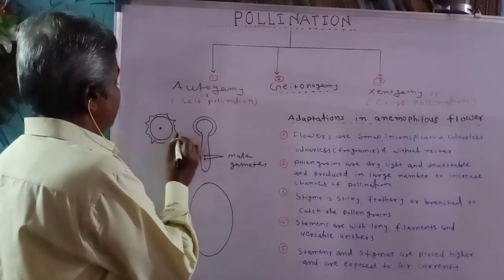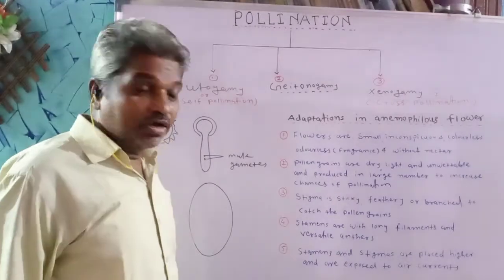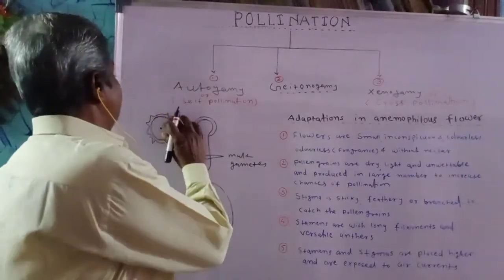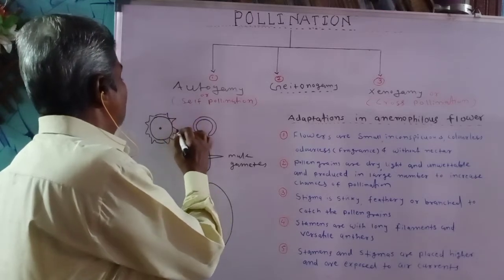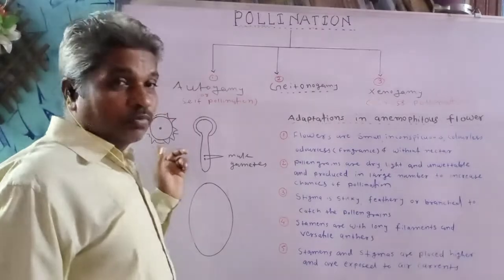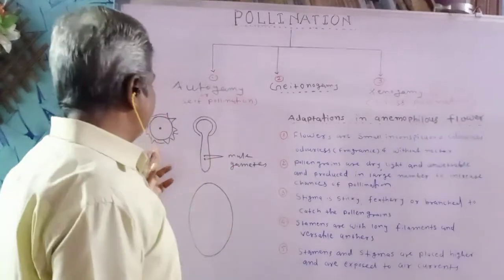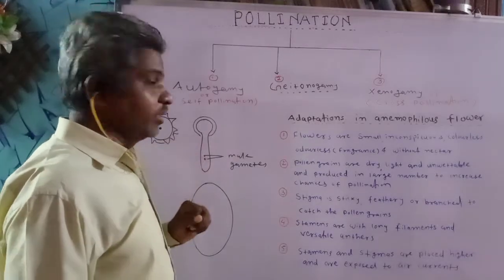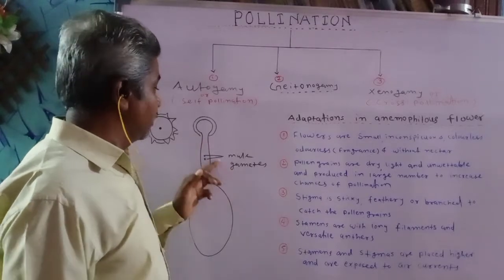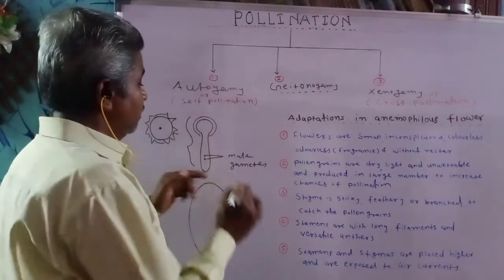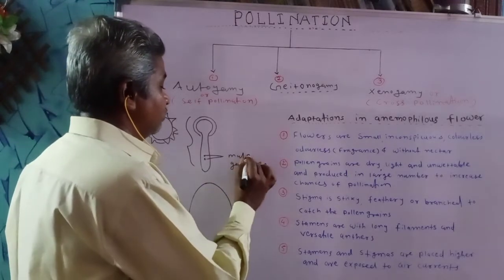Now, this male gametophyte lies in the anther. This pollen grain is carried by different agencies up to the stigma. When these dry, yellowish, powdery pollen grains fall on the stigmatic surface, they germinate and produce a male gametophyte. So this male gametophyte later on produces male gametes, and these male gametes are non-motile.